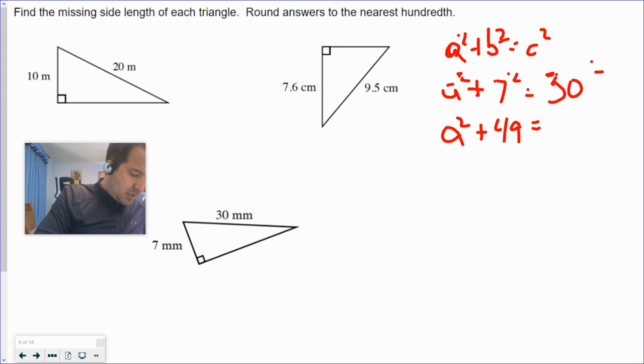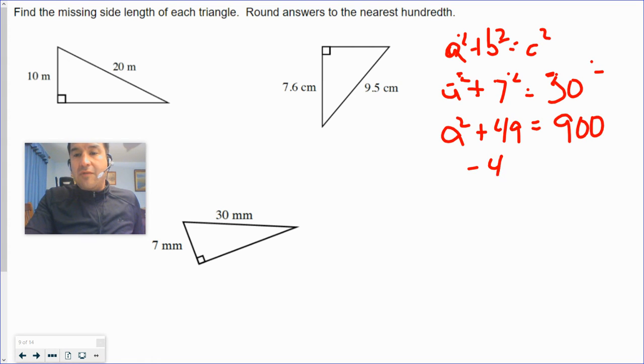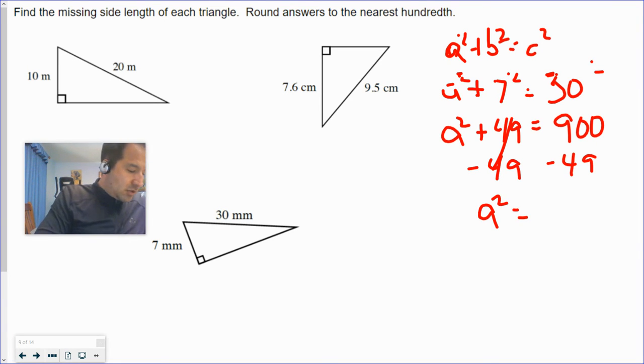Ooh, 30 squared, is it 900? Yeah, 30 squared is 900. And then I subtract 49 from both sides. I get A squared equals 900 minus 49 would be 851. Square root of 851.